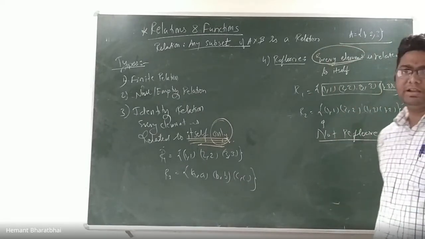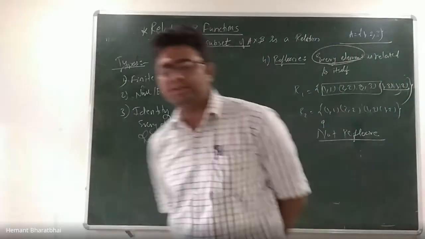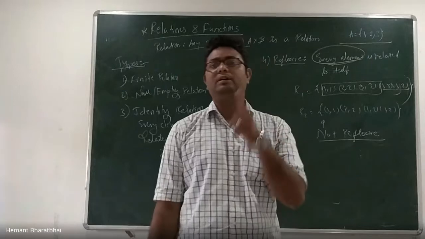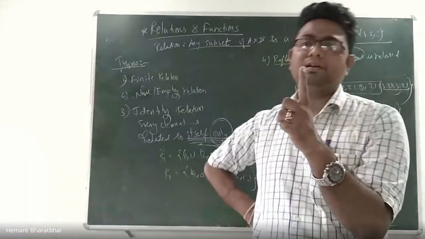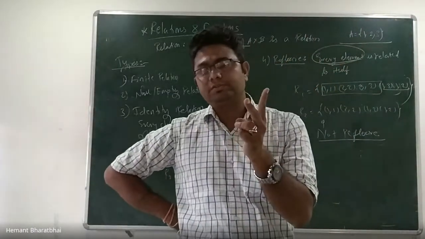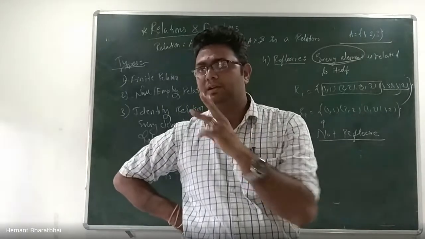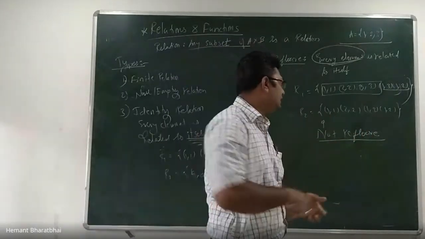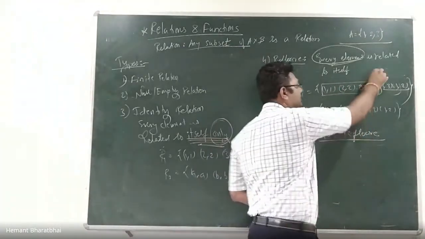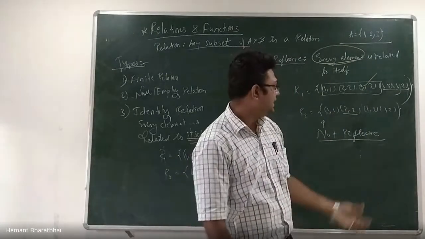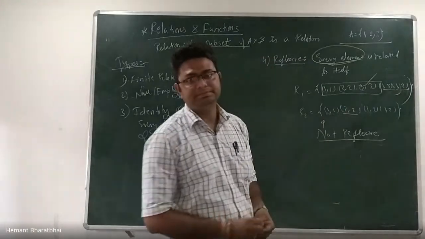Because in the definition I have written, every element should be related to itself. So, which elements are there in set A? 1, 2, and 3. When I say every element, 1 should have a relation with itself, 2 also, and 3 also. I see that 1 and 2 are related to themselves, but this term is missing over there. Hence, I will say that this example is not reflexive.